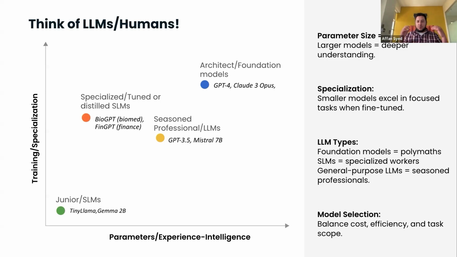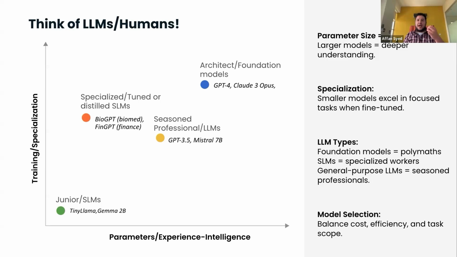These people covered a lot of areas, with deep insight, experience, and intelligence across many different domains. And this is where GPT-4 and Claude 3 Opus, all foundational models, start showing up on this map.